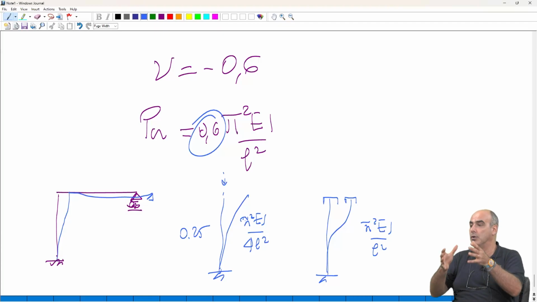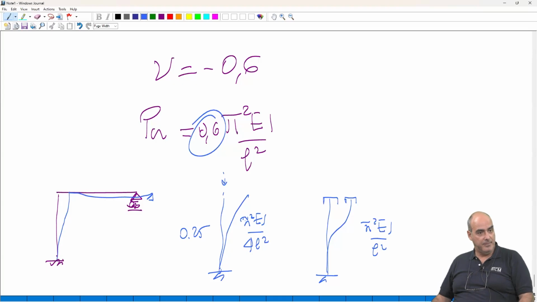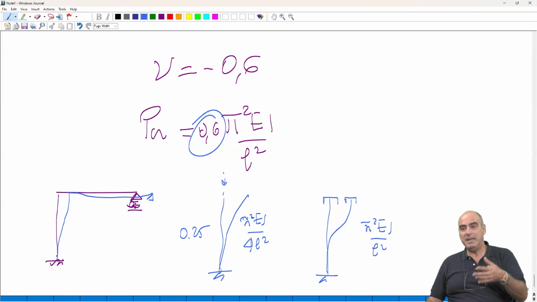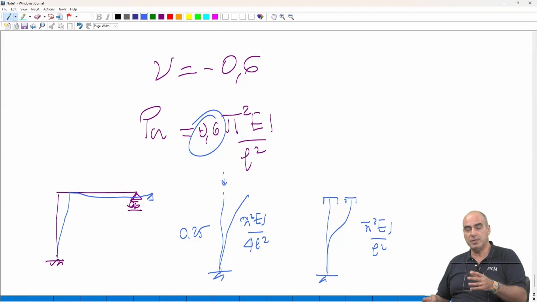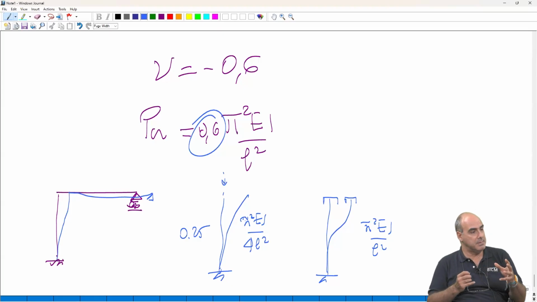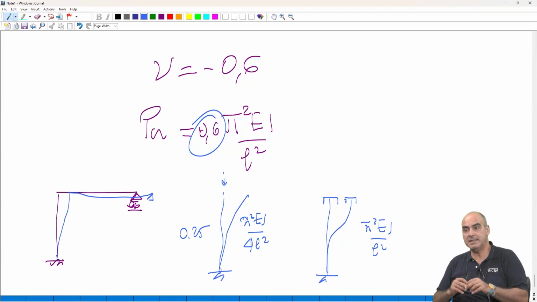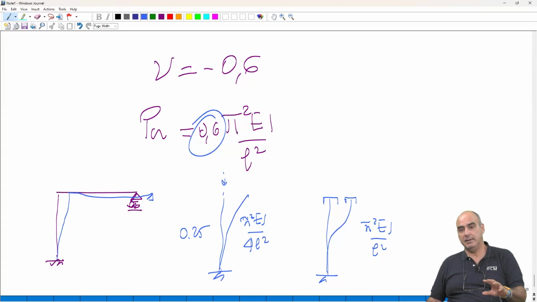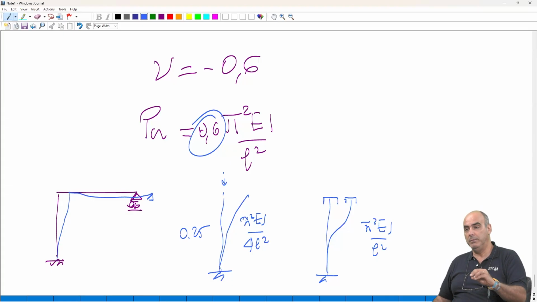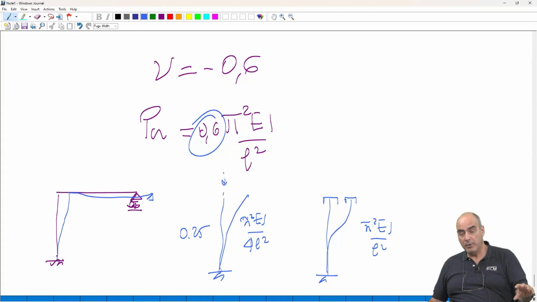You will not have cores and staircases. You will have this structure here doing this. So there can be infinite situations in which these very simple schemes can help you in providing a very quick estimate of what will be your failure mode and failure load.